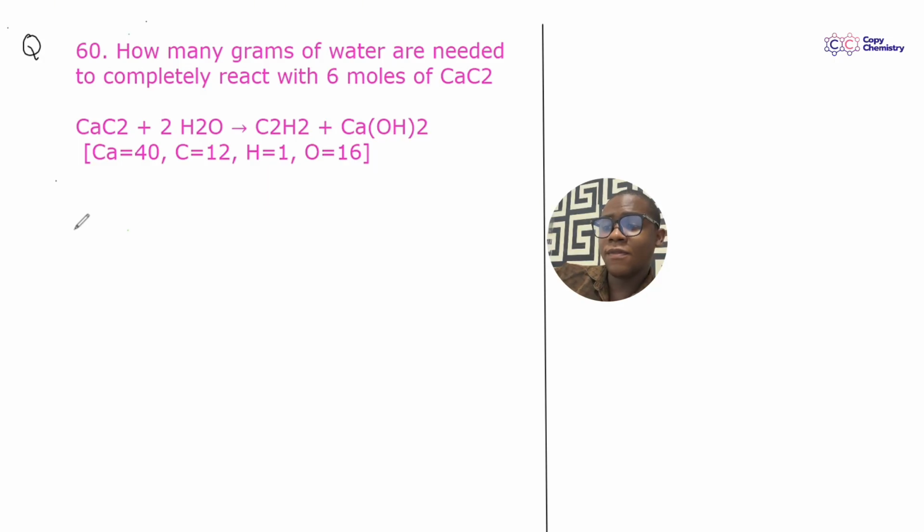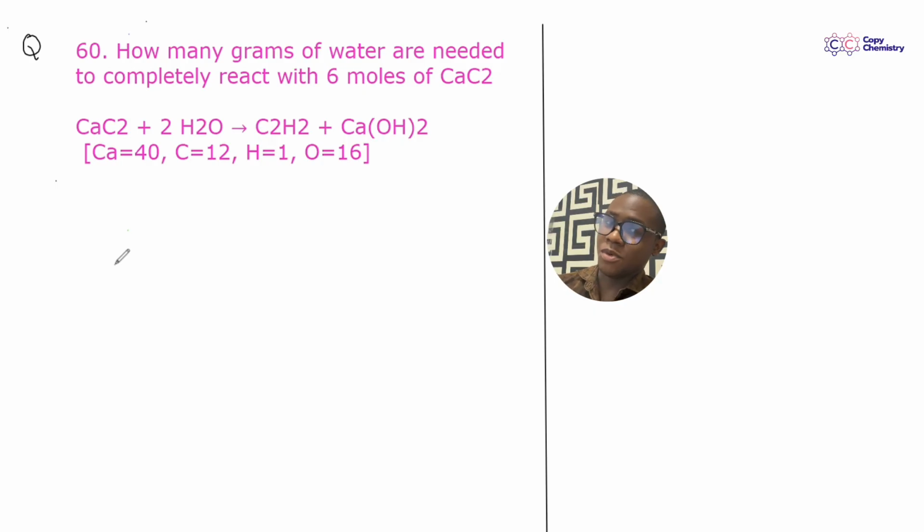So if you're asked how many moles of water are needed to completely react with 6 moles of calcium carbide, 1 reacts with 2, so 6 should react with 12. And 12 will just be your answer. You don't need to write anything. Okay? So that's it. That's if it were moles anyway.